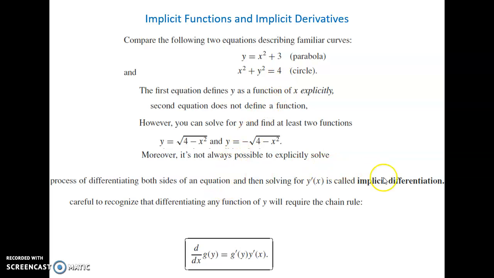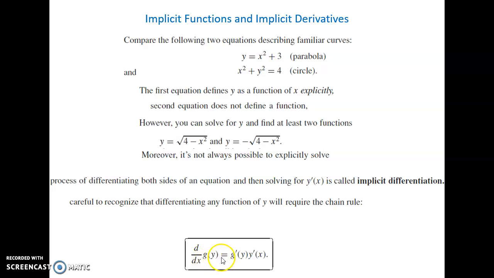Is it straightforward in implicit differentiation? No. In implicit differentiation, we use the chain rule. Whenever we are differentiating any function containing y, remember we have two functions here.